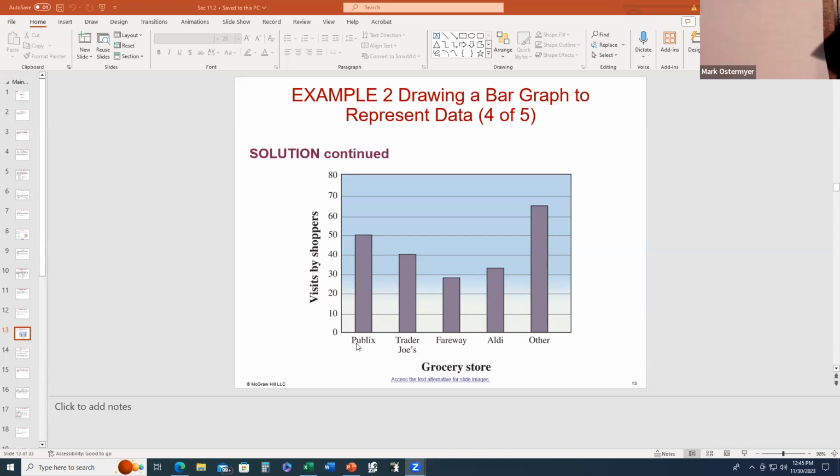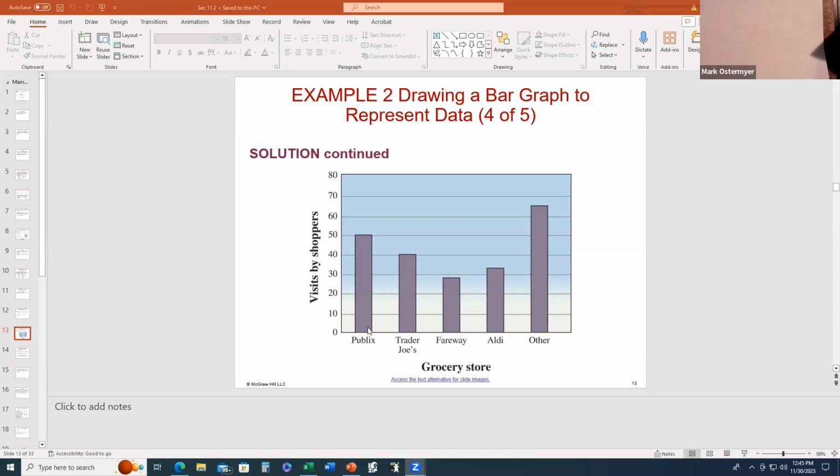Notice they are just qualitative or categorical labels, names of stores. You don't see any numeric class limits like in a frequency distribution table with numeric classes that we saw the other day. That's why bar graphs are normally used for qualitative data, categorical labelings, or categories.